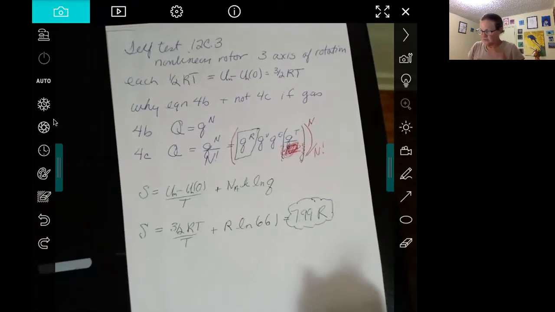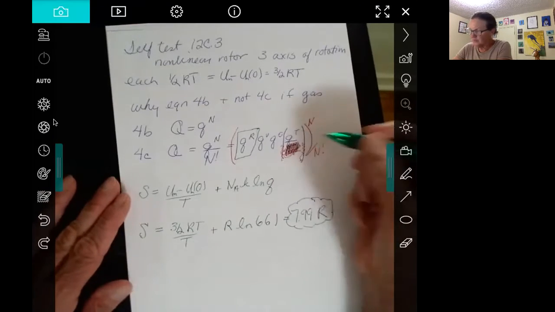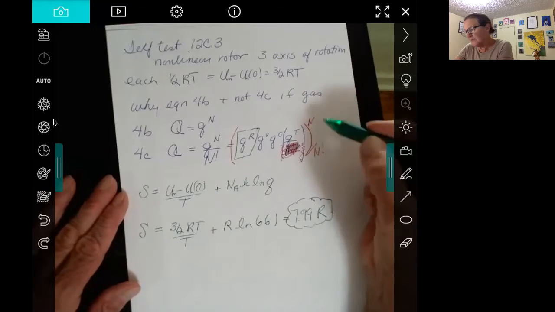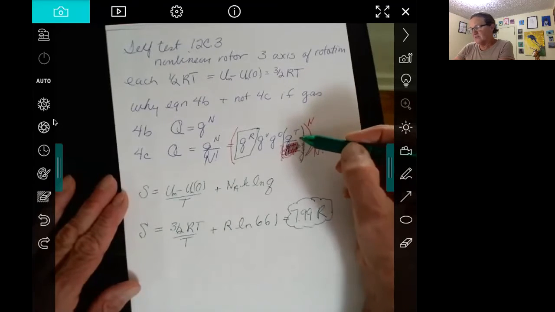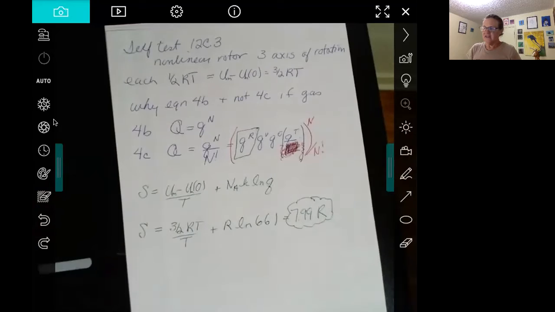And that N factorial is correcting for the fact that you can't distinguish particles, so you don't have as many states really as you would if you could tell the particles apart. But it's usually the translational partition function that's divided by N, because that's what you can't distinguish. You can't distinguish whether this molecule is in this location or it's moved to a different location.